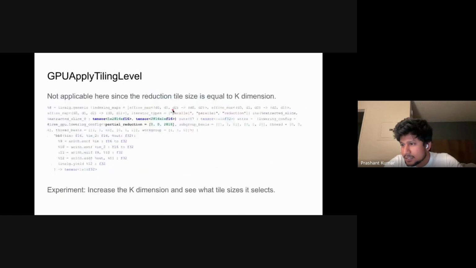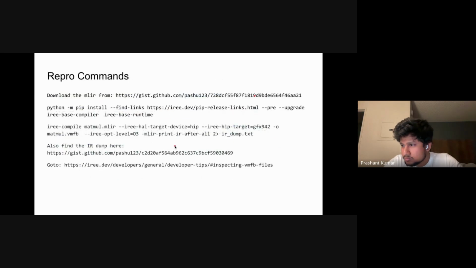Does IREE support an OpenCL backend? Where does the actual codegen happen? Is it a one-to-one translation of MLIR to, say, OpenCL or Vulkan? I think there is something called SPIR-V, which is again an intermediate representation that targets Vulkan, I guess. In IREE, you can specify the targets. So the IREE HAL target device is Vulkan, and then you can specify the target, and it will generate Vulkan code for you.